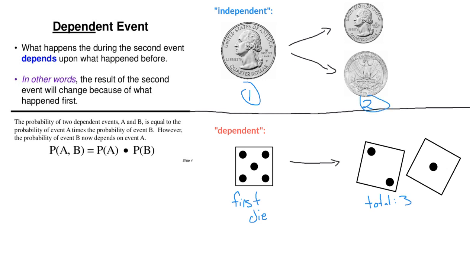I'm going to make the claim, and this is actually true, that whatever happens on the first flip, whether it's heads or tails, does not affect what happens on the second flip, because a coin flip always has a 50-50 chance, meaning a 50% chance of heads and a 50% chance of tails.